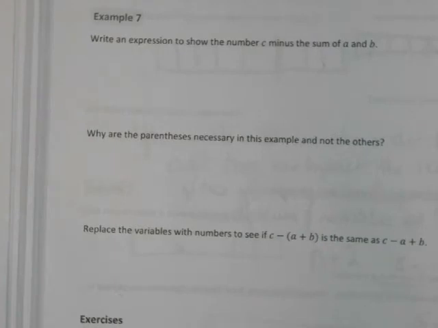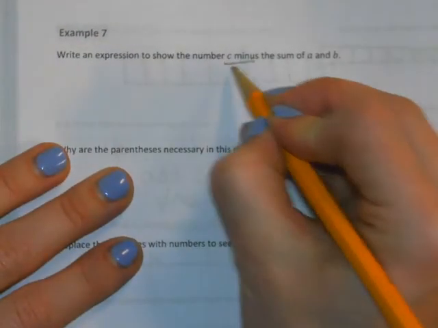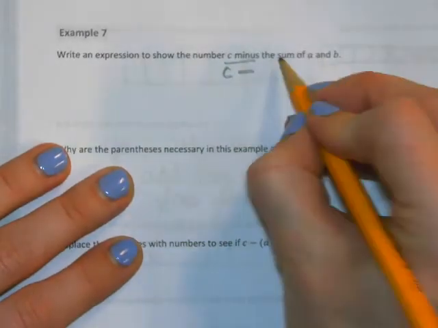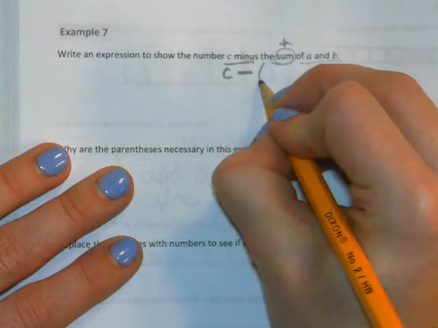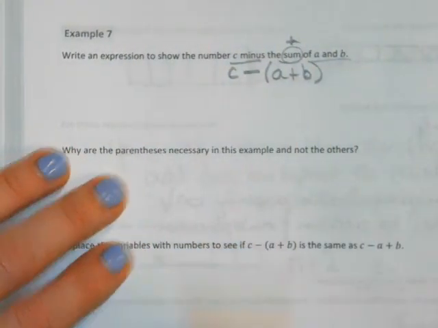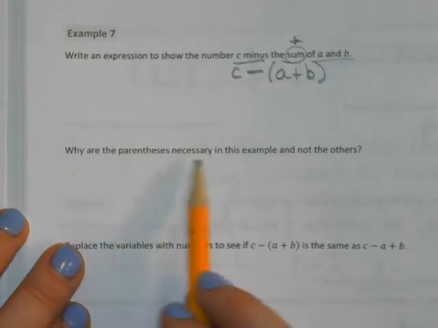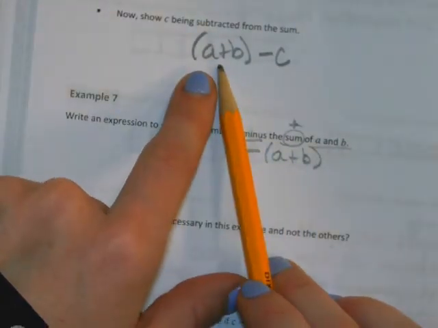Write an expression to show the number c minus the sum of a and b. So c minus, then the sum is addition, a and b. So c minus the sum, a and b. So why are the parentheses necessary in this example and not the others? So if I look up here, order of operations says you add and subtract from left to right.